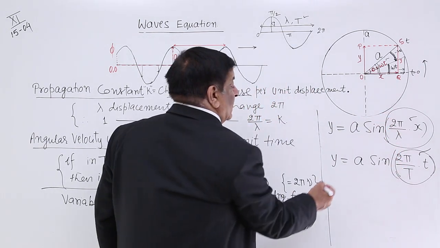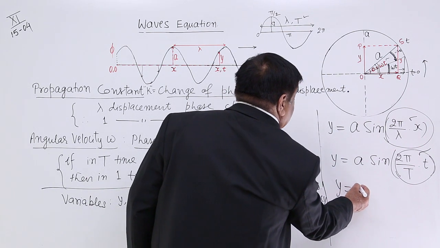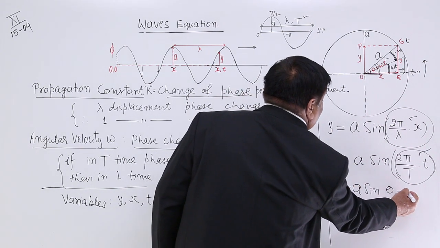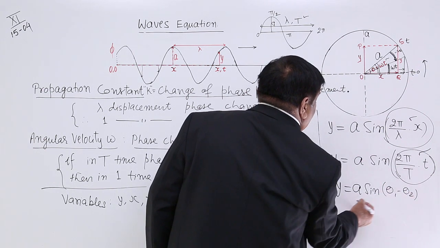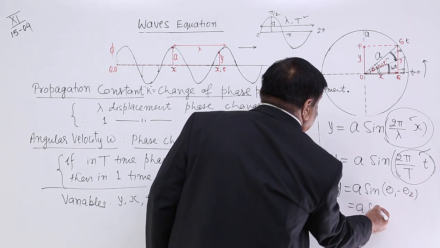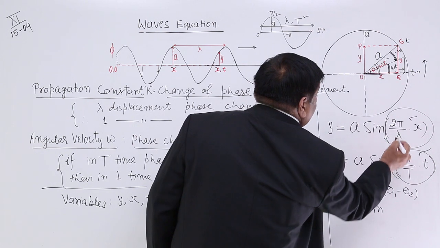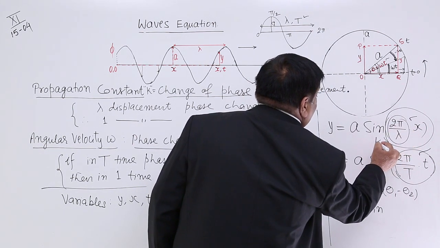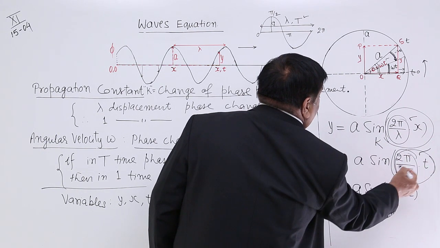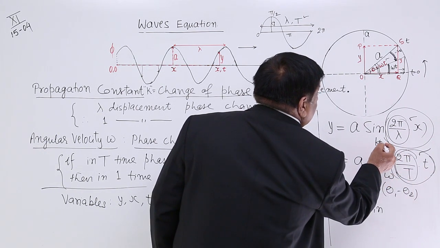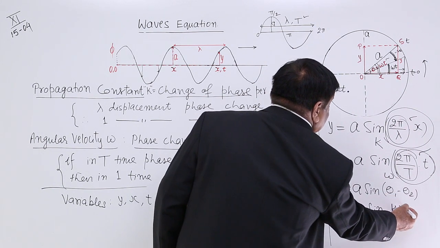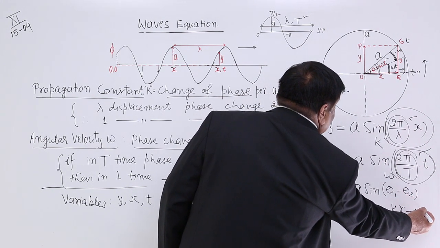So, my equation is y is equal to a sine, here theta 1 minus theta 2. Theta 1 I place as 2 pi upon lambda. This I will call k, and this I will call omega. So, this is kx minus omega t.